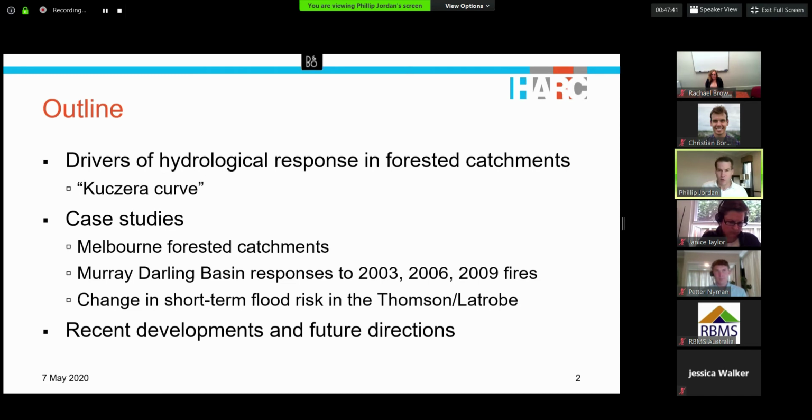The second looks at the long-term changes in water yield following bushfires that occurred in the Murray-Darling Basin in 2003, 2006 and 2009. The third case study looks at changes in the short-term flood risk in the Thomson and Latrobe River catchment. The final area I'll talk about will be recent developments in modelling these sorts of impacts, and future directions.